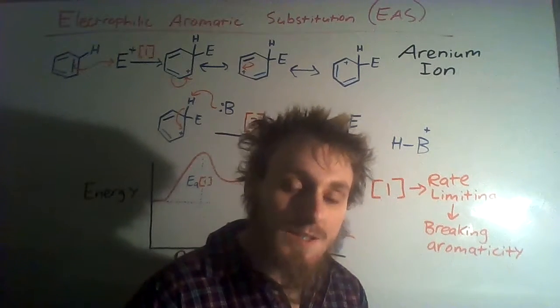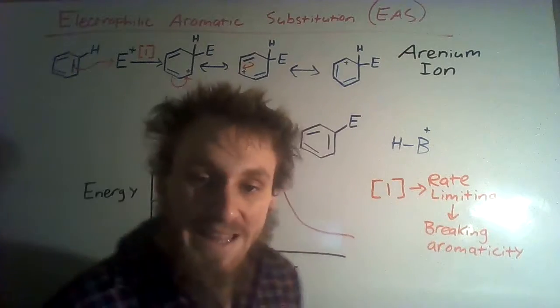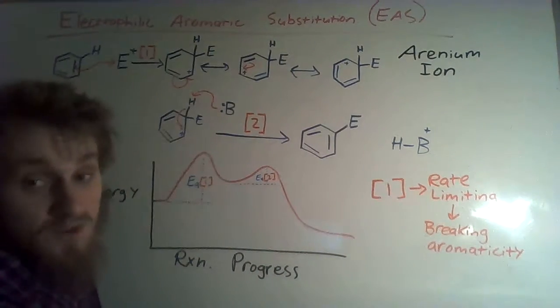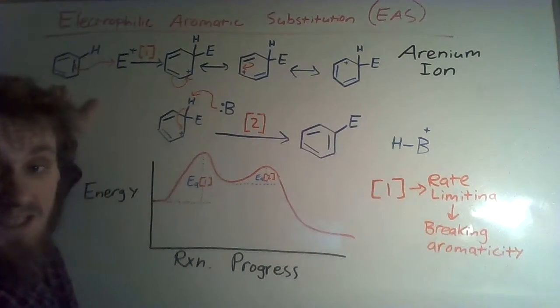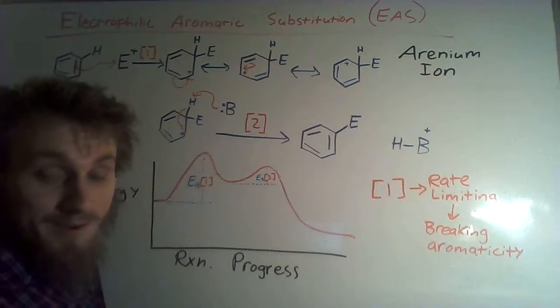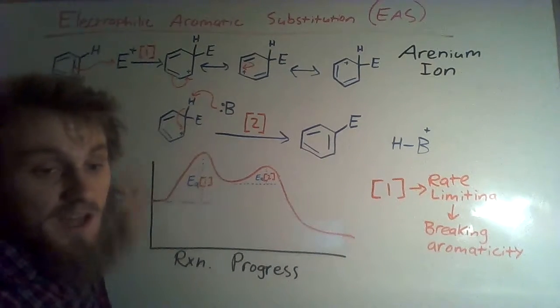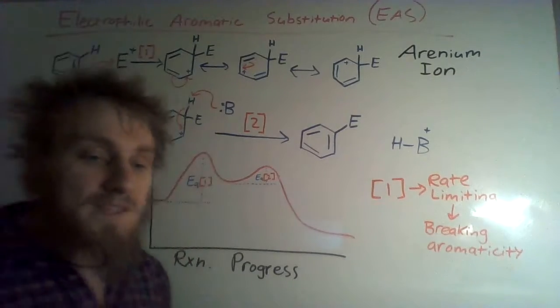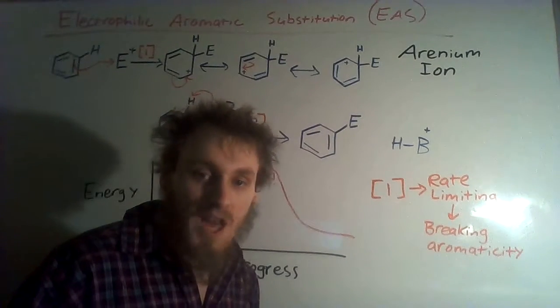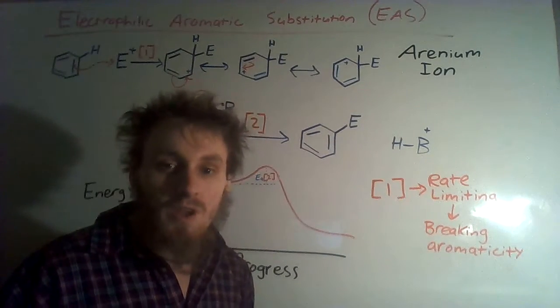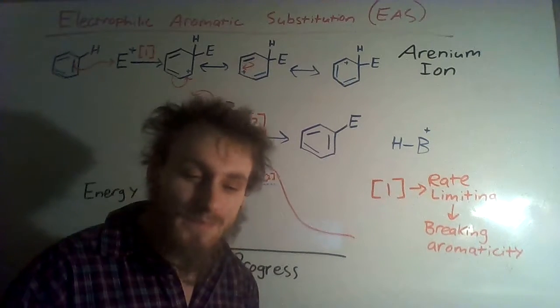So to kick things off, why don't we talk a little bit about benzene? So I've drawn in a benzene here, and benzene is the prototypical aromatic compound, right? Now, usually when you draw benzene, you don't really draw in any of the hydrogens on the benzene. You just assume that those hydrogens are there.